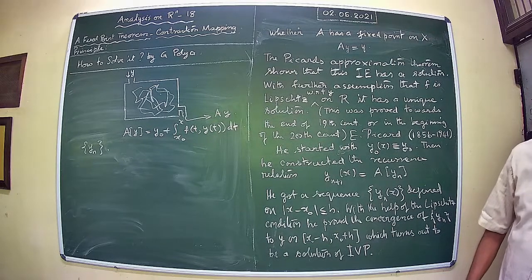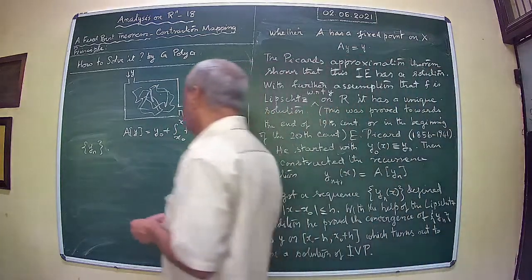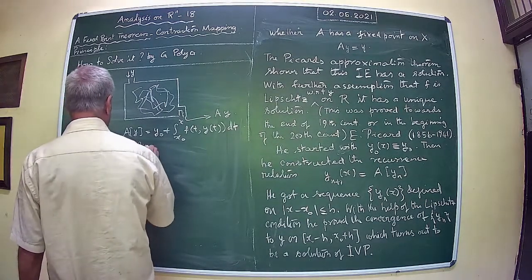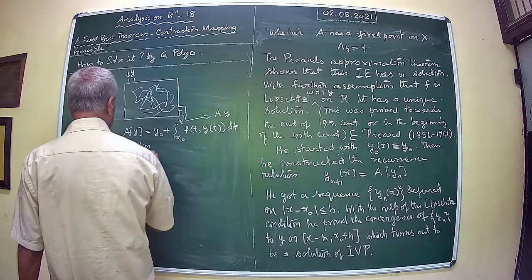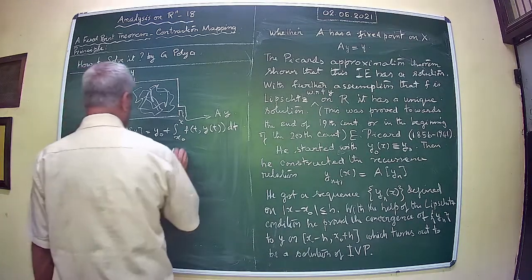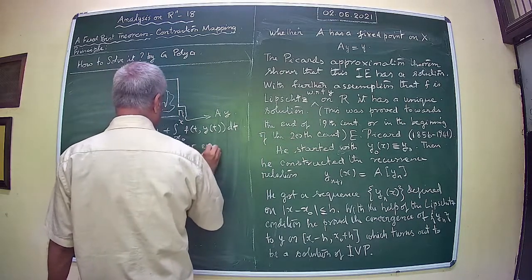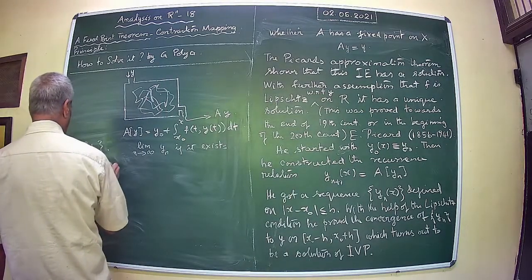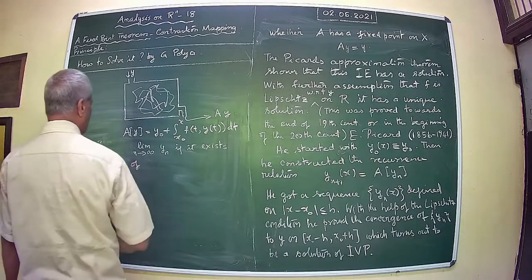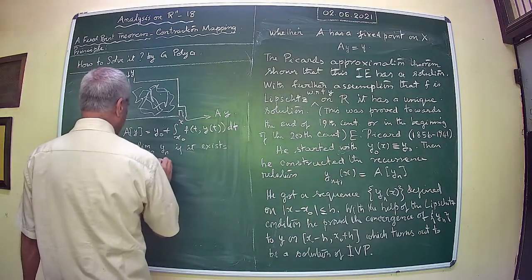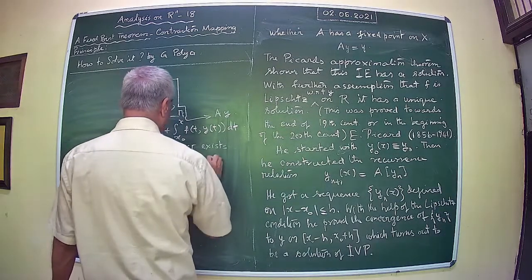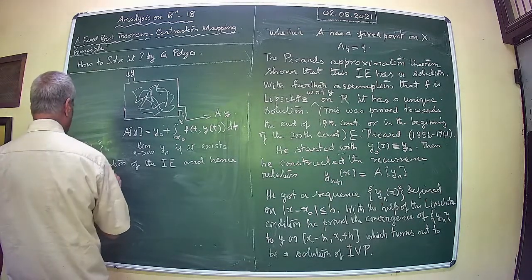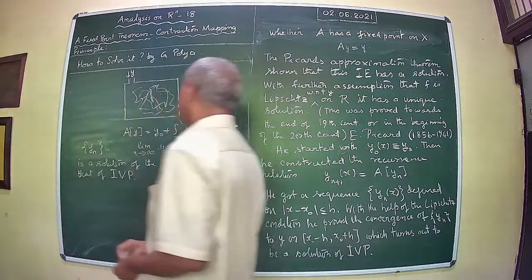With some assumptions, you can show that this yn converges, and the limit as n tends to infinity, x(s), is a solution of the integral equation and hence of the initial value problem.